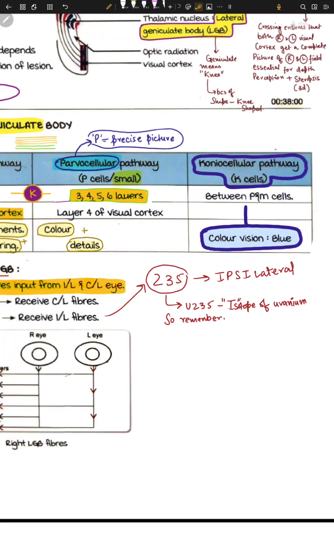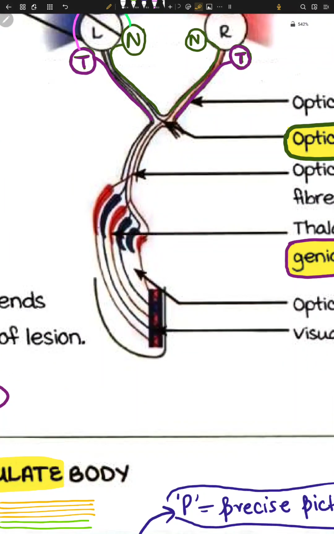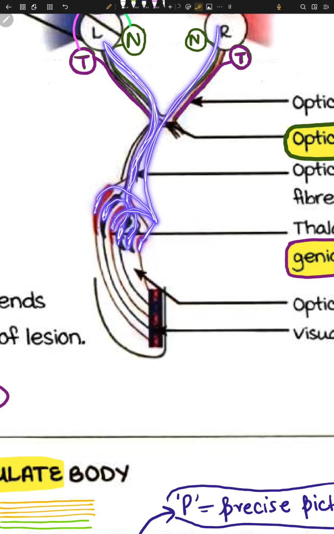Layer 1, layer 2, layer 3, layer 4, layer 5, layer 6. M cells, P cells. So what happens is that layers 2, 3, 5 are ipsilaterally innervated. These layers 2, 3, 5 receive signals from the same side of the eye, right? Layer 1, layer 4 and layer 6 receive communication from the contralateral eye, the opposite side.